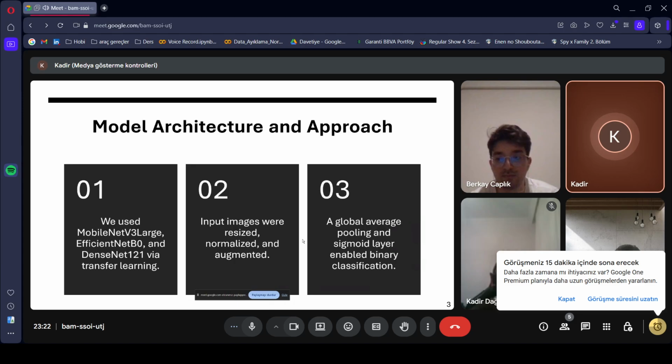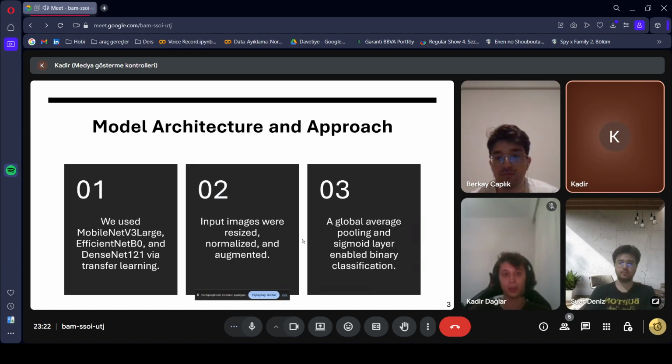To solve this problem, we built a deep learning pipeline based on transfer learning using pre-trained convolutional neural networks. Specifically, we selected three widely used architectures: MobileNet V3 Large for lightweight efficiency, EfficientNet B0 for balanced performance, and DenseNet 121 for deep feature extraction.